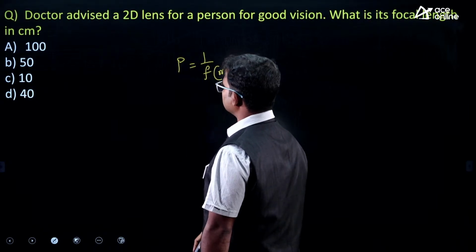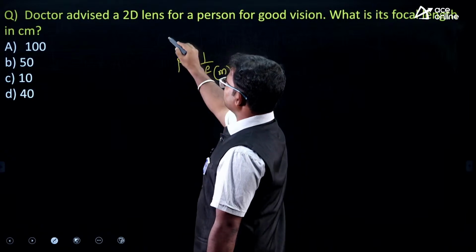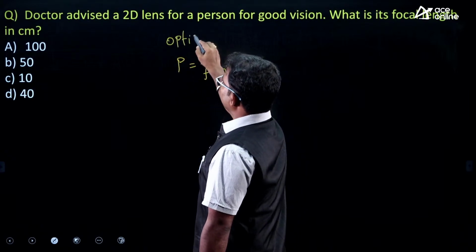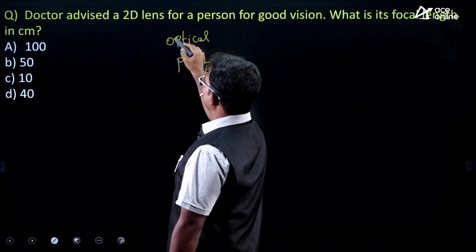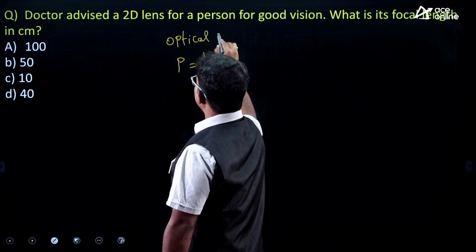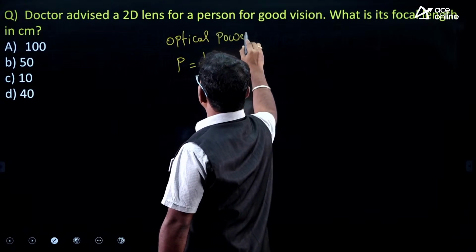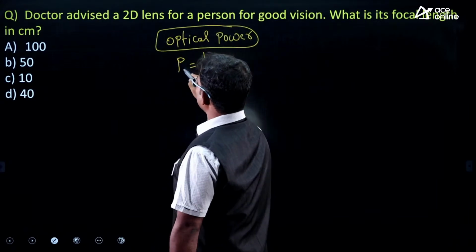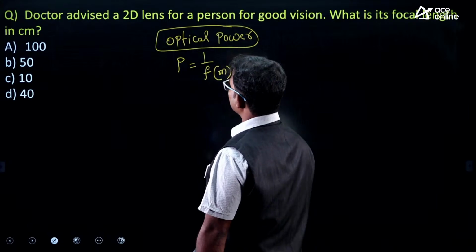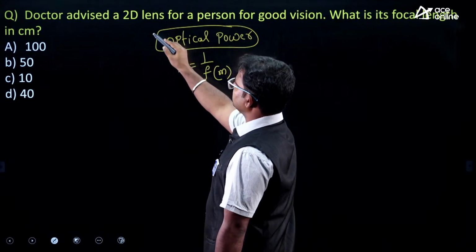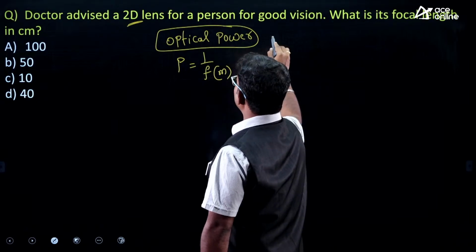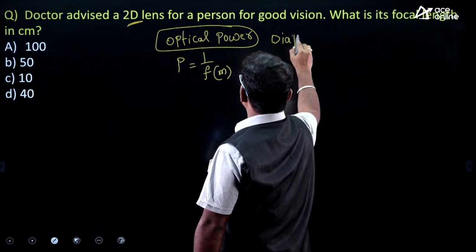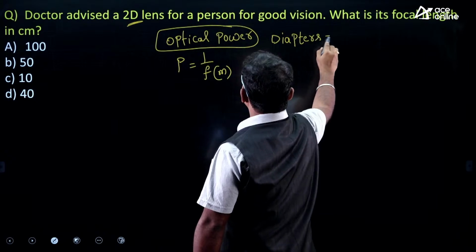Optical power is mostly indicated with P. Here, what are the units of optical power? Diopters, indicated with D.